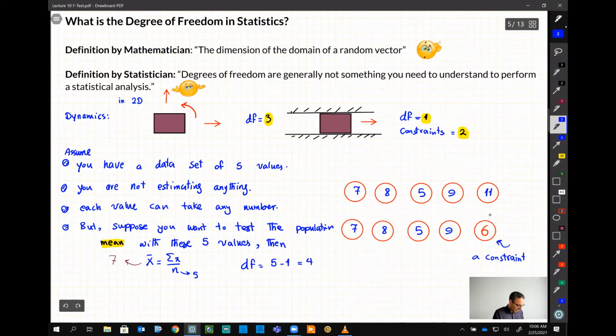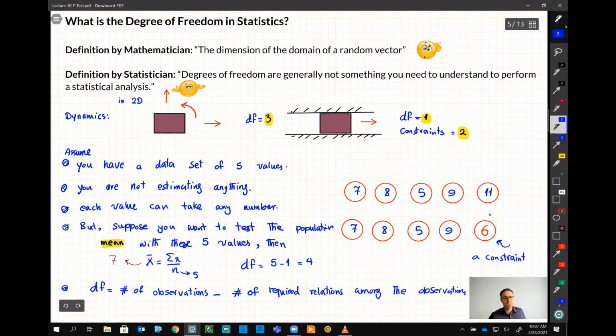So in other words, simply, degree of freedom is equal to the number of observations minus the number of required relations among the observations.